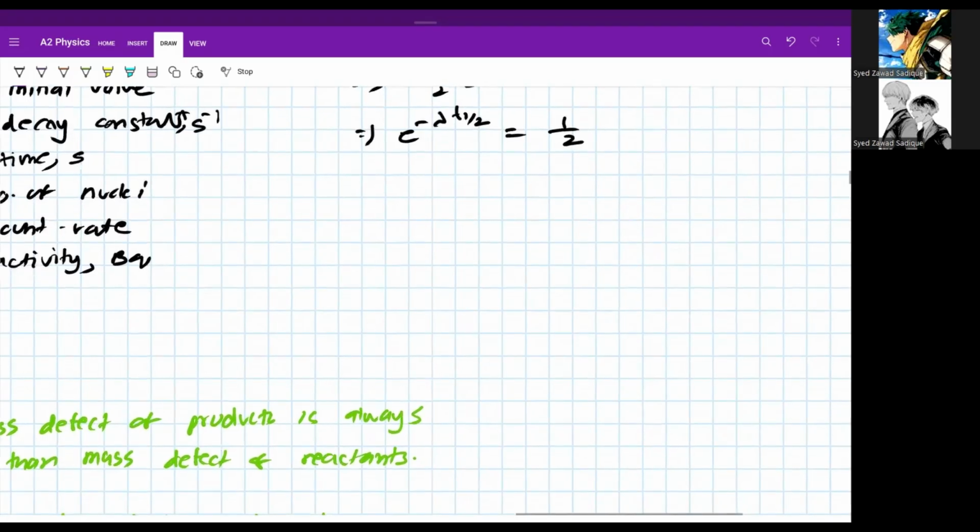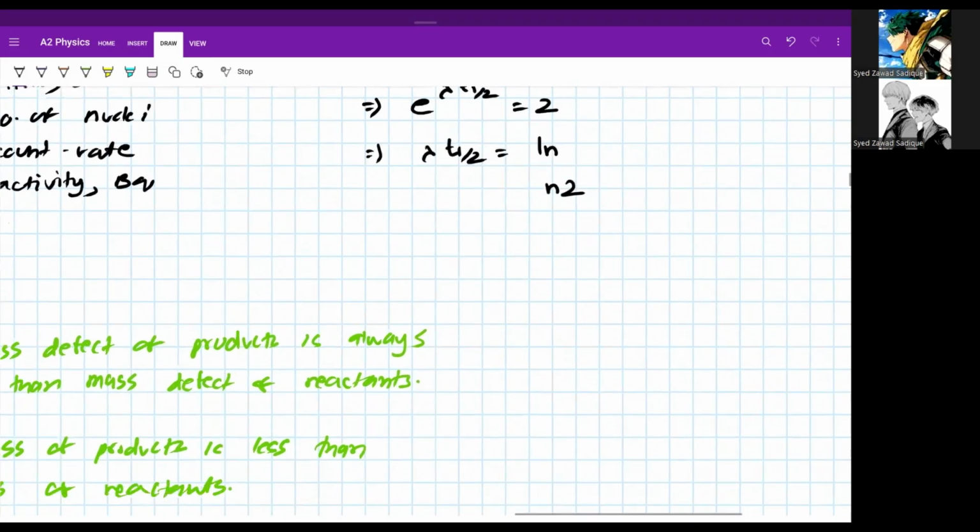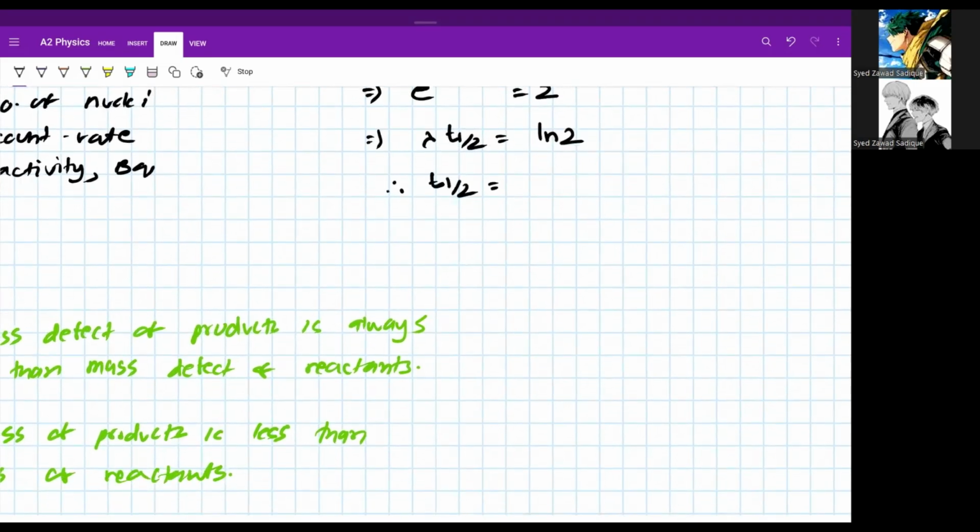So lambda t half is equals to ln 2. Therefore, lambda is equals to ln 2 by t half, which is equals to 0.693 divided by t half.